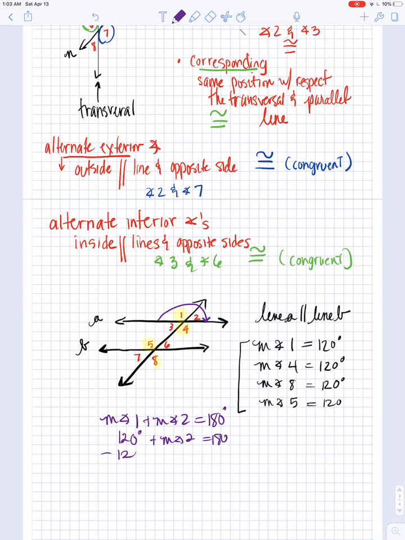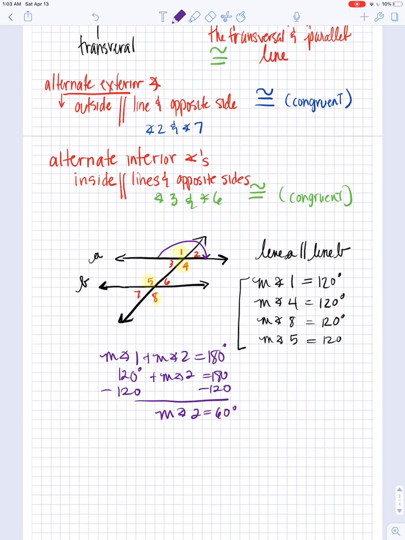So we can just subtract and figure out that the measure of angle 2 is equal to 60 degrees. And then, if angle 2 is equal to 60, the measure of angle 3 must also be 60 degrees, because they're vertical angles, and vertical angles are congruent.